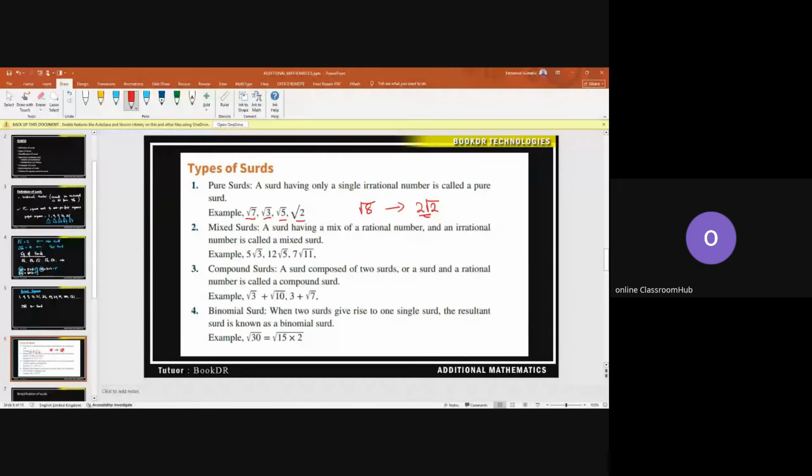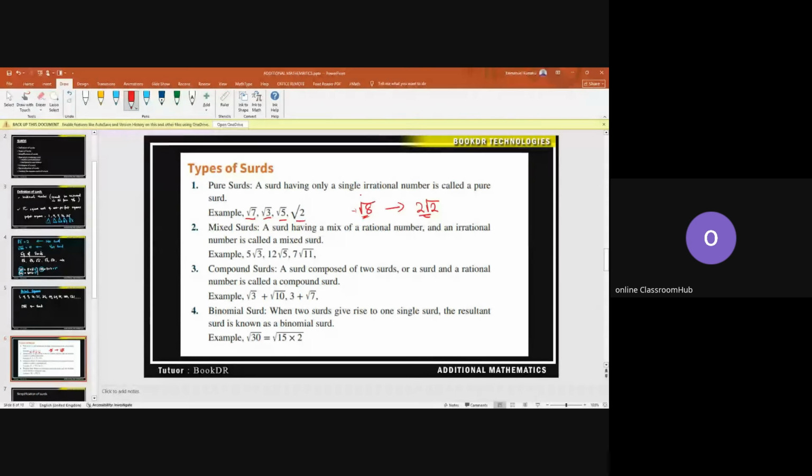So when we are classifying sets, root 8, because it can be simplified, we don't treat it as a pure set. But root 7, root 3, root 5, root 2, root 13, root 11, etc. are pure set because they cannot be simplified further.